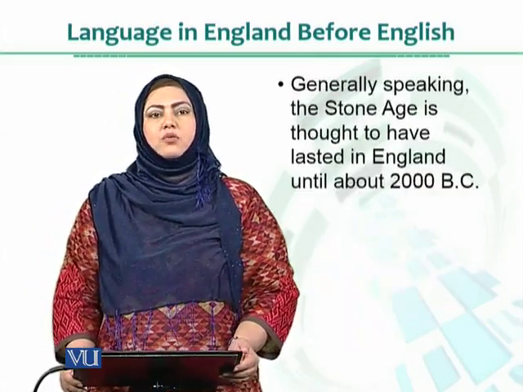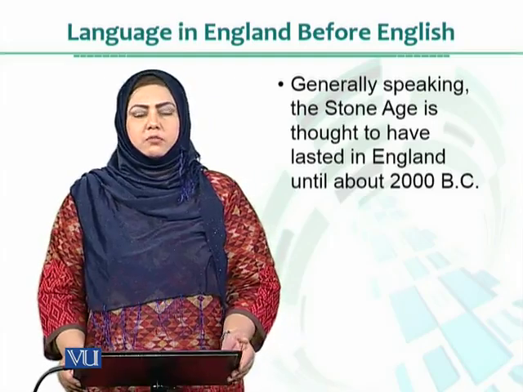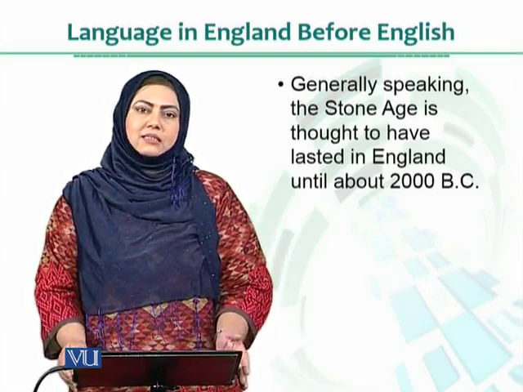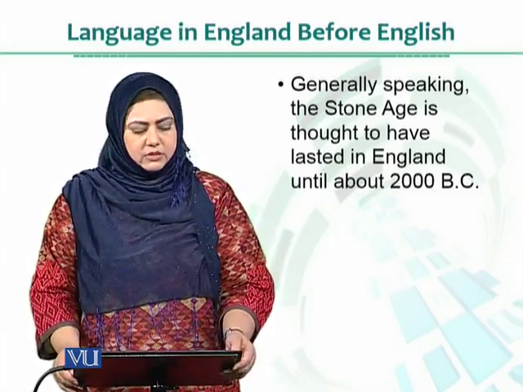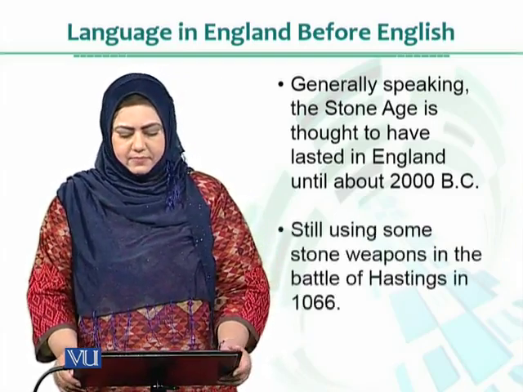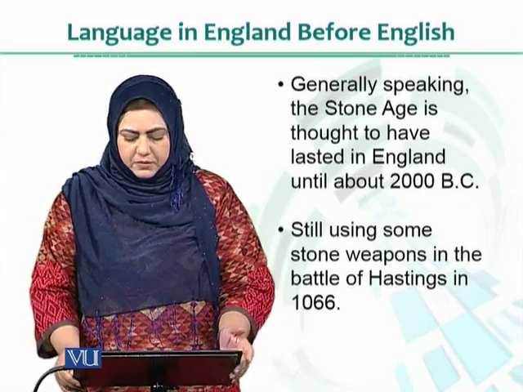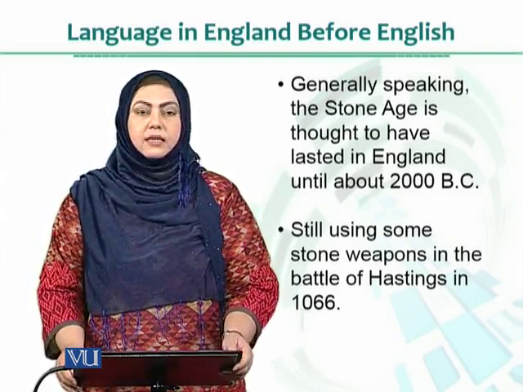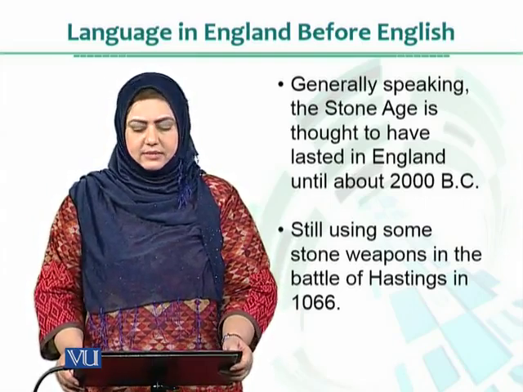This Stone Age, because it is a very long period, can be divided into two parts. However, it lasted in England till 2000 BC. The people here were using stone weapons even till the Battle of Hastings in 1066.